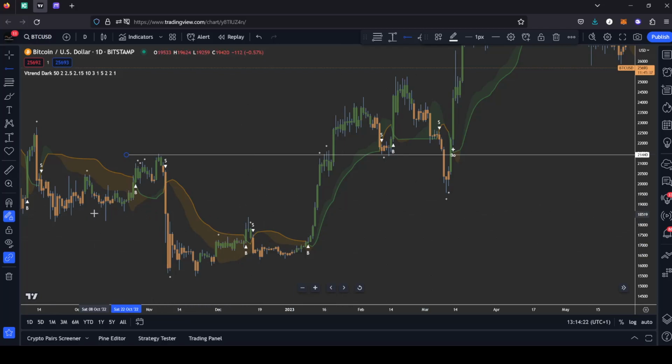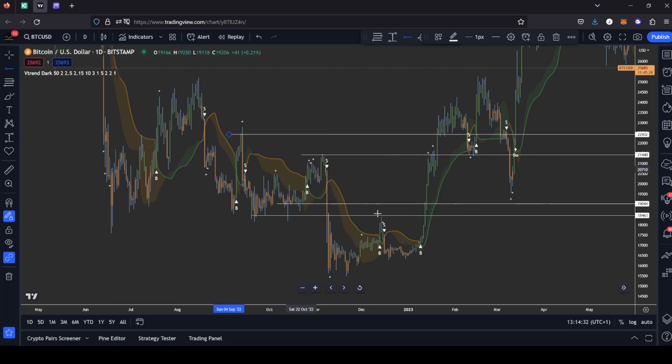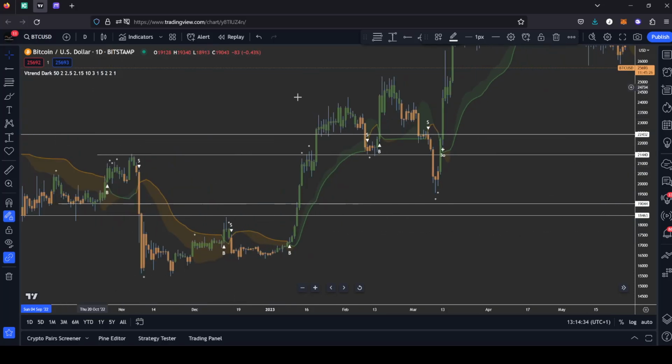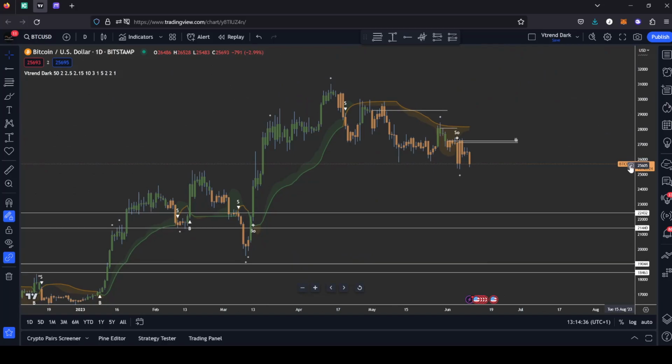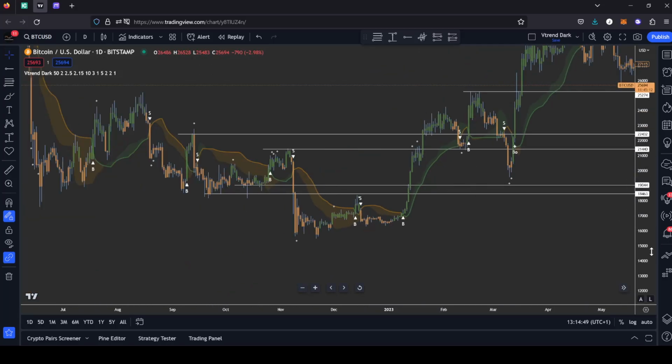Essentially there was this consolidation area there. Drawing levels always helps give context and structure as well, so I find that immensely useful. So the collection of highs there. I know I'm doing this in a little bit of hindsight.